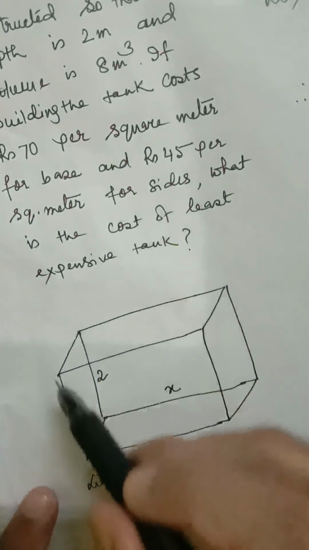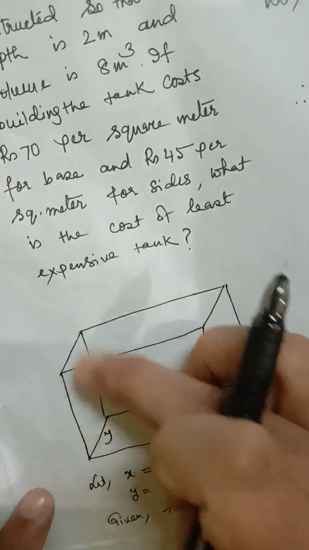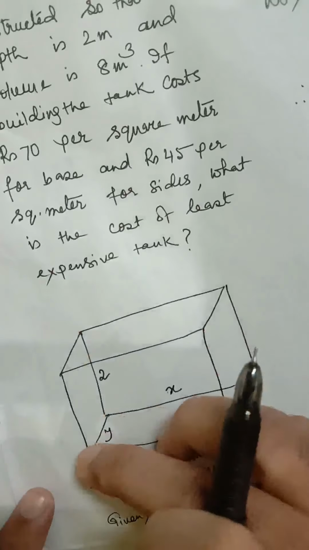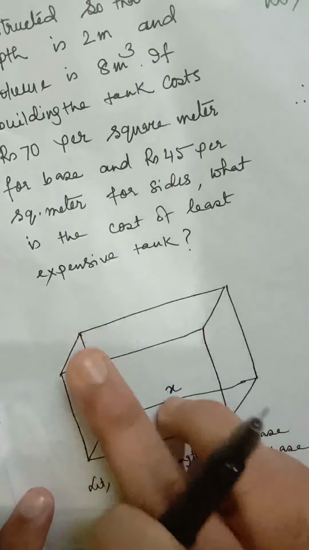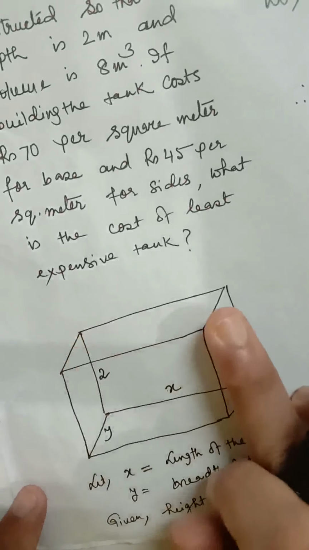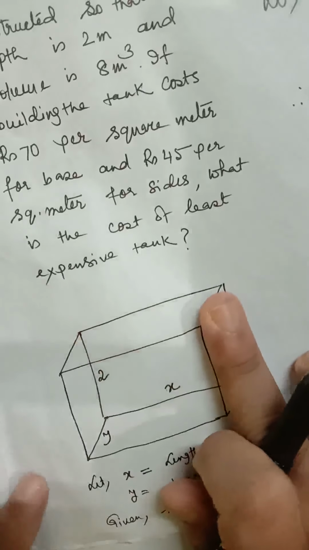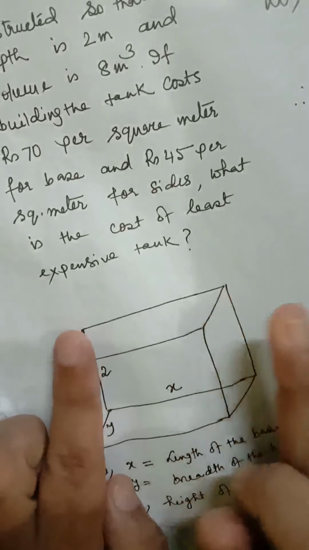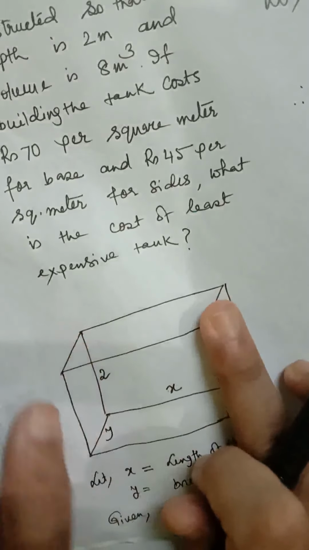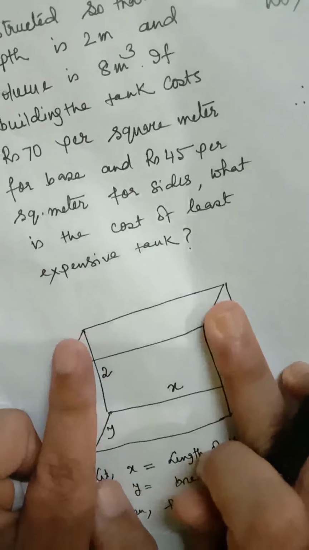Now if you consider this side of the tank, its length is y and height is 2, so its area is 2y. Similarly, its opposite side, area of this part is also 2y. Total area of these two side walls is 2y plus 2y, 4y meter square.